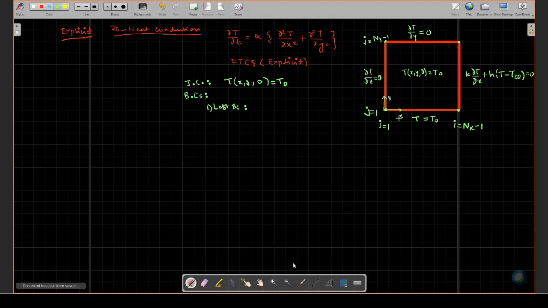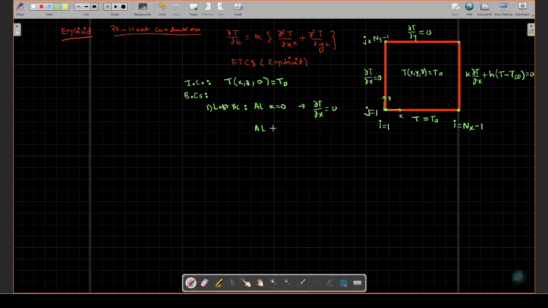So at x equals 0, that means this vertical boundary, with y varying, we have the boundary condition del T by del x equals 0.